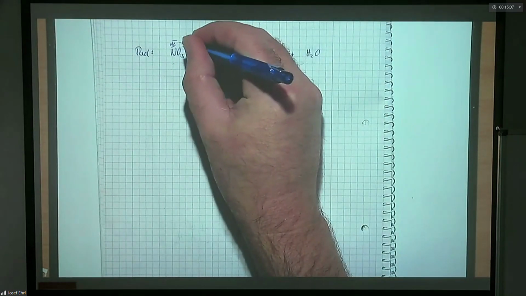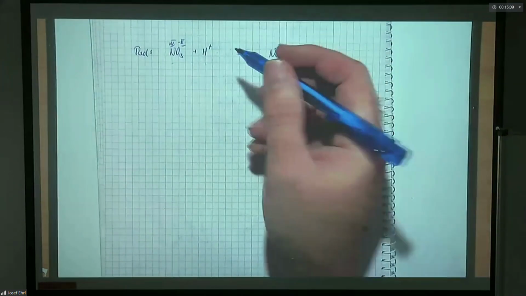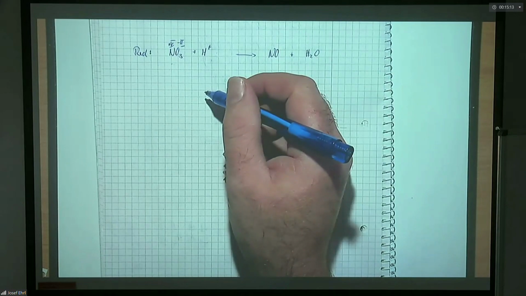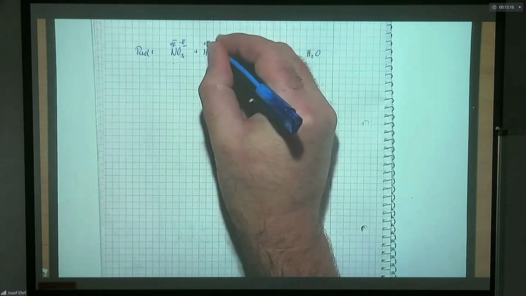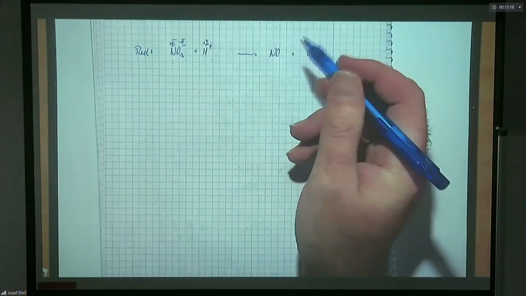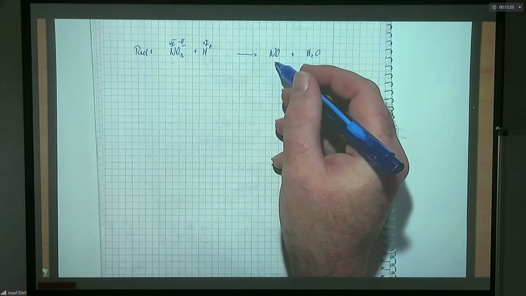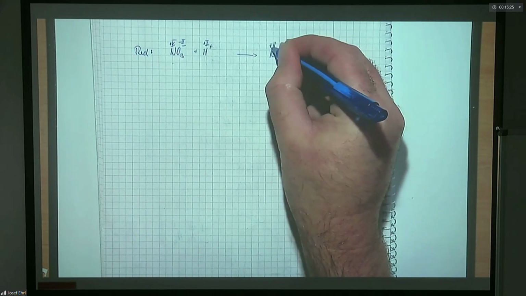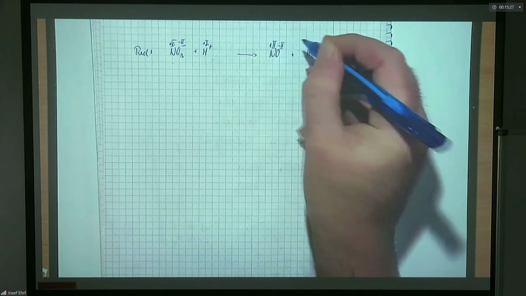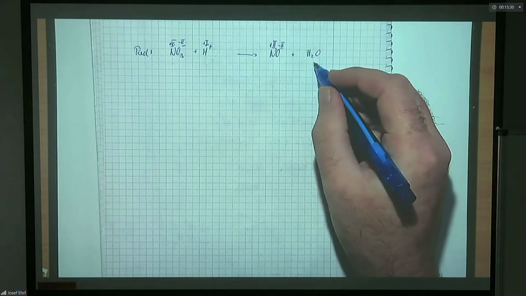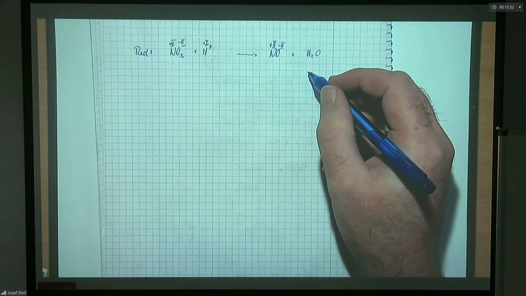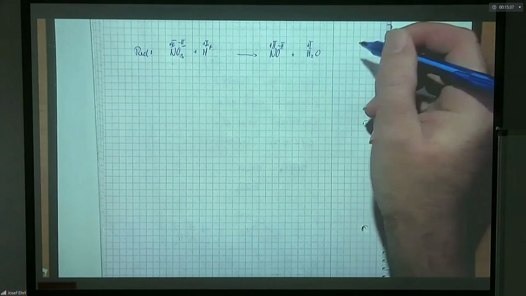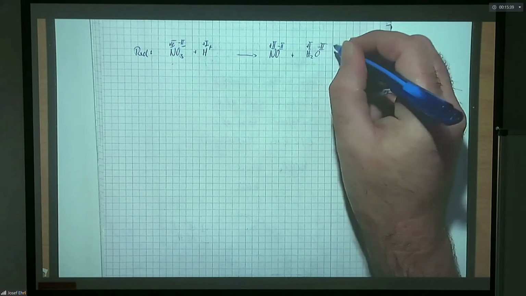So -2 on oxygen. Oxidation number of hydrogen or proton? +1, of course. Oxidation number of nitrogen in nitrogen monoxide? +2, exactly, because oxygen has -2. Oxidation number of hydrogen in water? +1. Oxygen? -2. Okay.